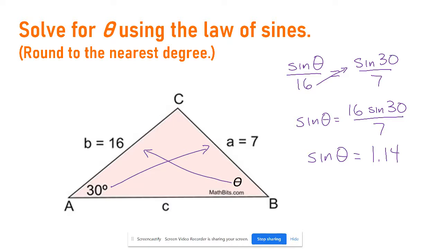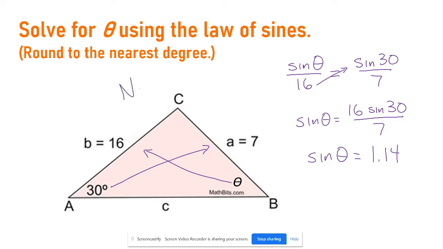If I get a number that's bigger than +1 or less than -1, I have a problem because there is no angle that would actually ever give me that sine. So when you're doing a law of sines problem and you get a number that's bigger than 1, then what you have is that this triangle, a triangle with a side of 16 and a side of 7 and a 30-degree angle, is impossible.